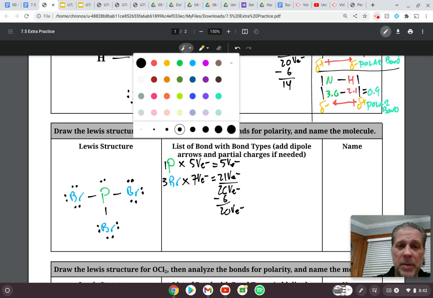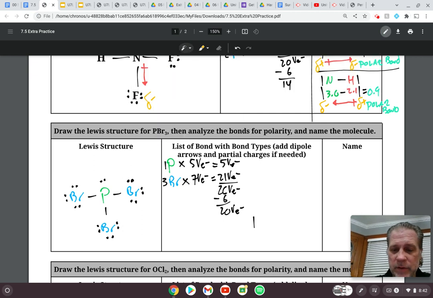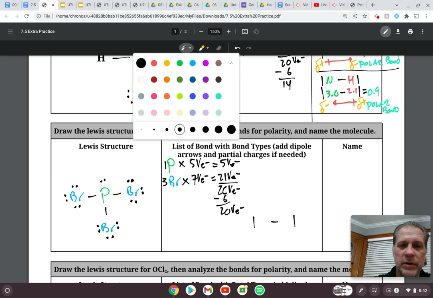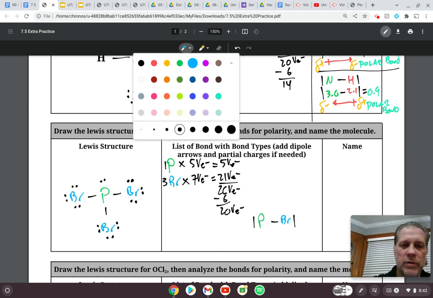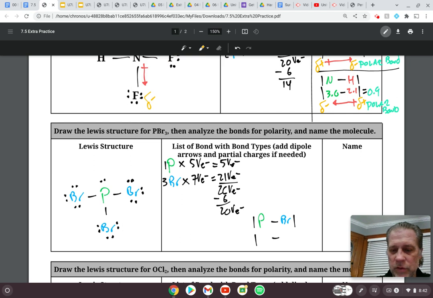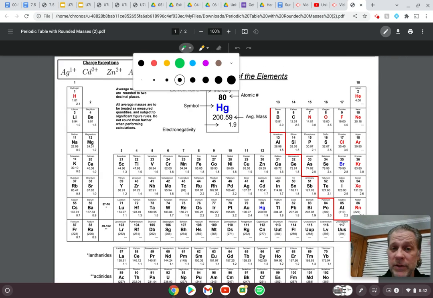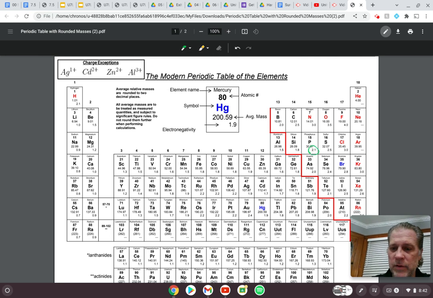It is the bond between phosphorus and bromine. So we have phosphorus and bromine, and we are going to look for the electronegativity differences to help us identify the type of bond. So looks like phosphorus has an electronegativity of 2.1 and bromine is 2.8.